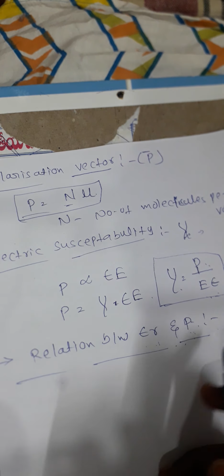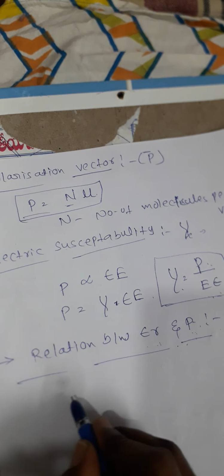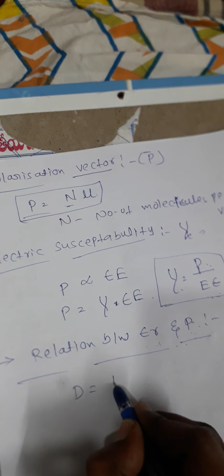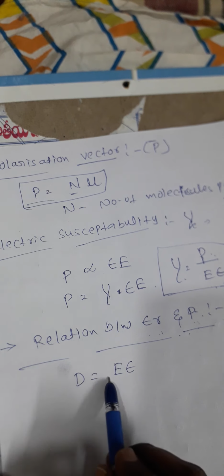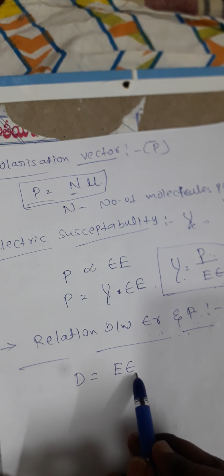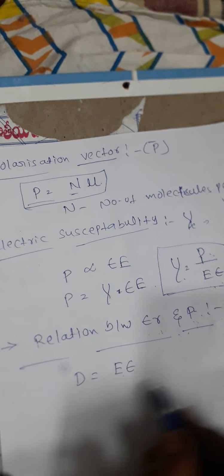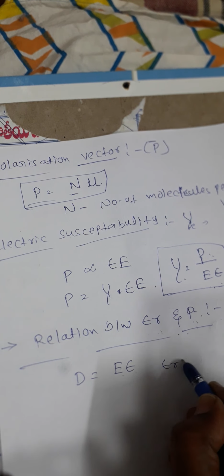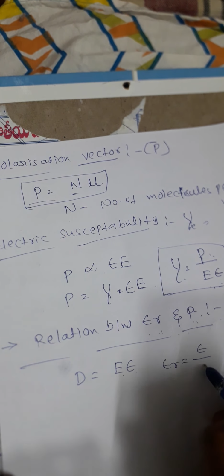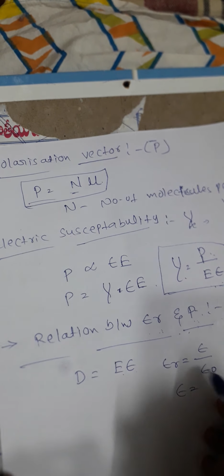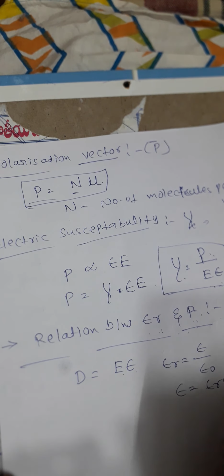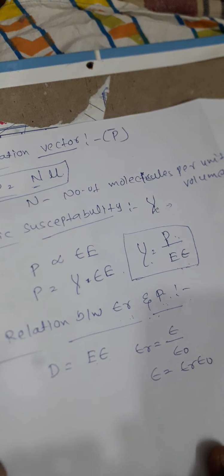Already we know one formula, D is equal to E into epsilon. Electric flux density is directly proportional to the applied electric field, and epsilon is the permittivity of the medium. The relative permittivity is epsilon r equals epsilon by epsilon naught, so epsilon equals epsilon r into epsilon naught.